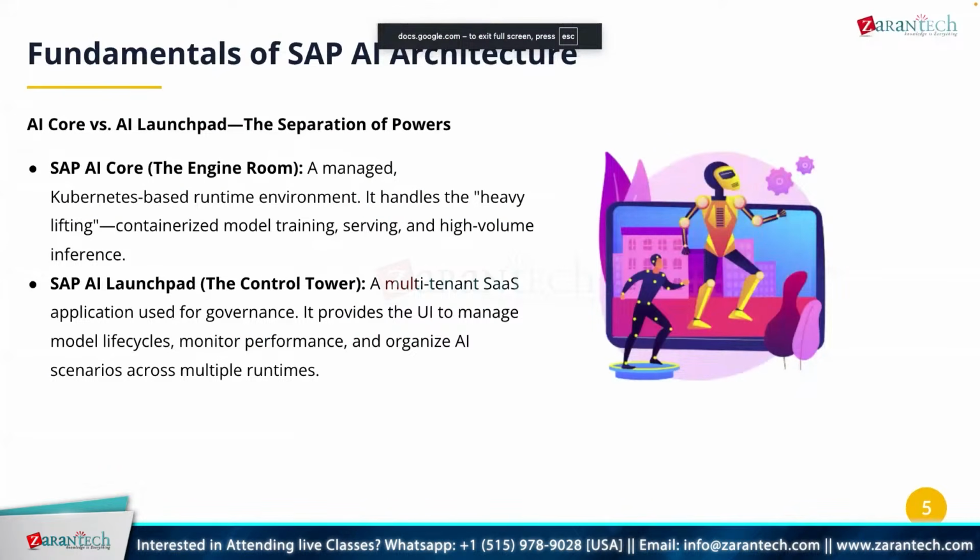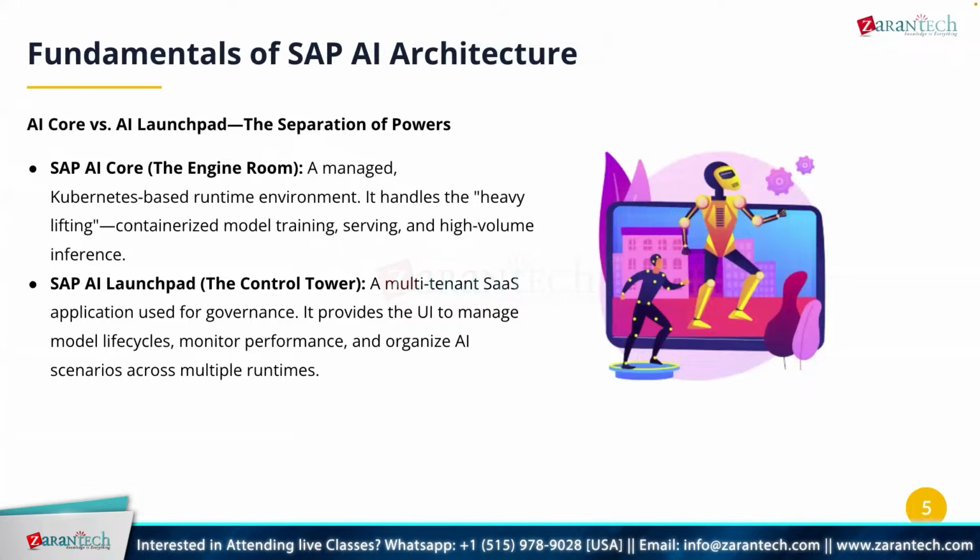On this, you have two tools, right? One is AI Core and another one is AI Launchpad. These two look confusingly similar, but they play very different roles in the SAP AI architecture.